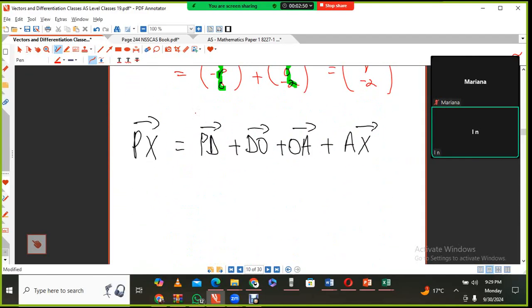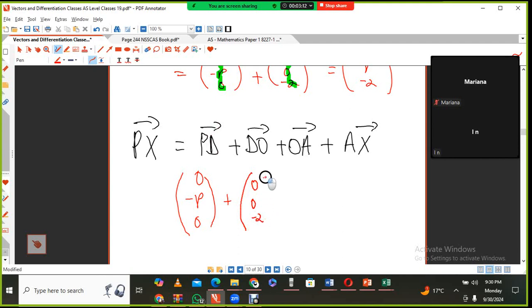Okay, now let's write PD in. So it's 0, minus P, followed by 0. What is DO? DO is 0, 0, minus 2. Okay, that is correct. So that is 0, 0, minus 2.